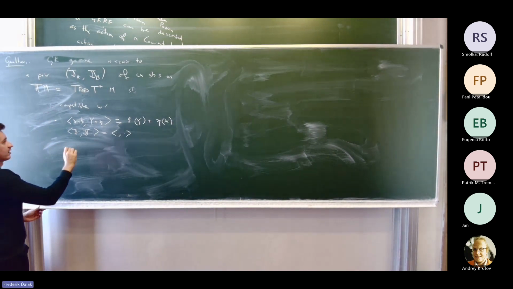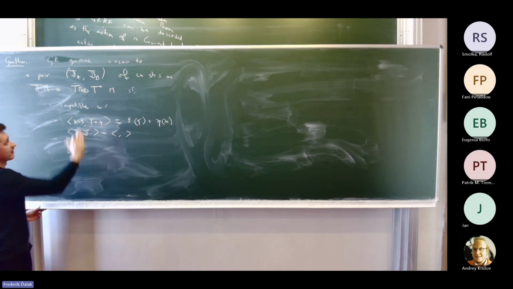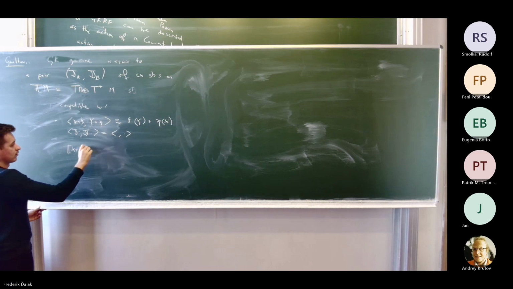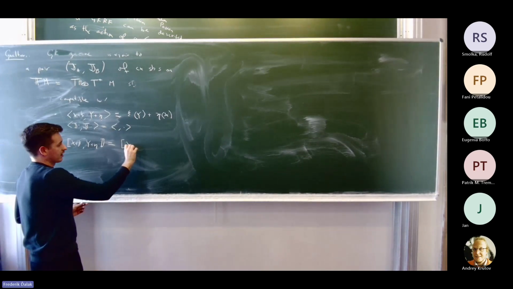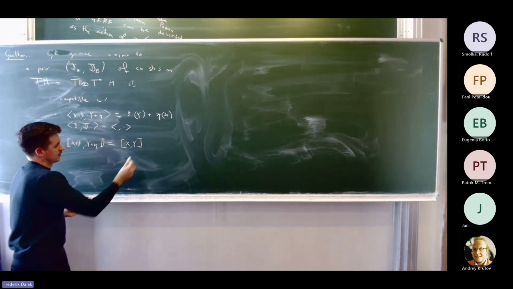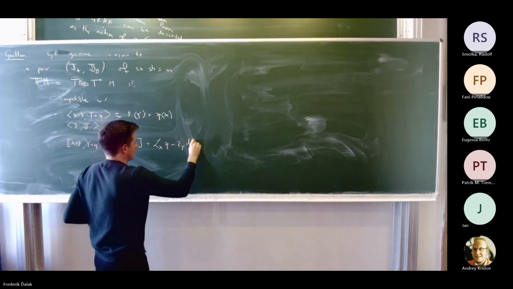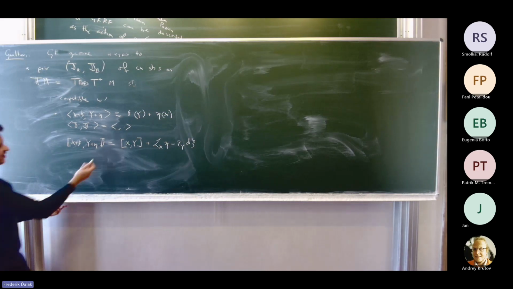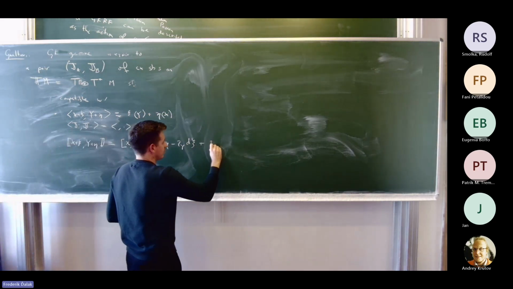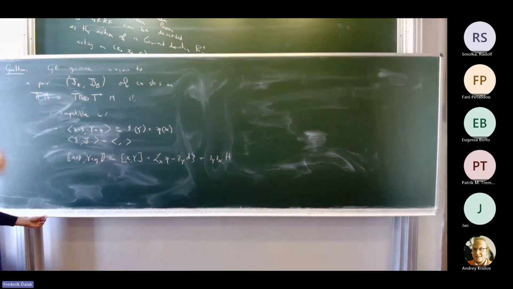And secondly, I want compatibility with a natural bracket on this space. You take the Lie bracket on the vector field components, take this non-skew-symmetric operation, and then you can twist it by adding a term involving a 3-form H. In this case, the 3-form is the same as the one there.